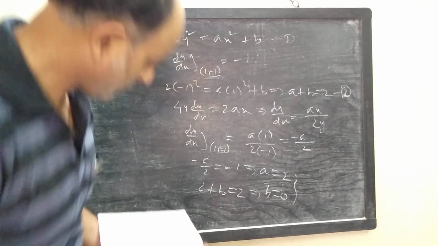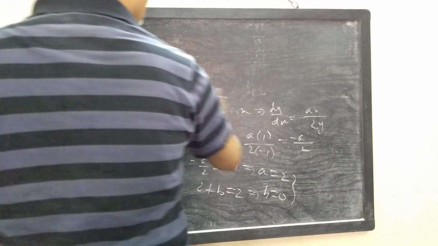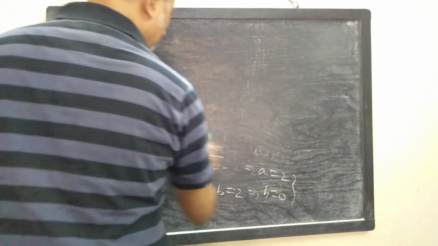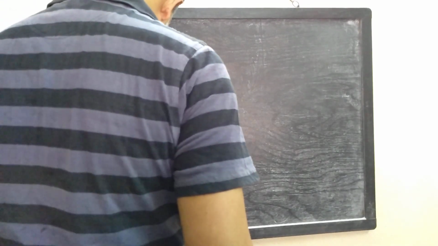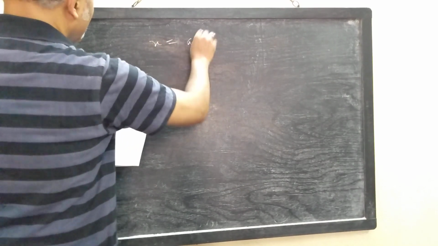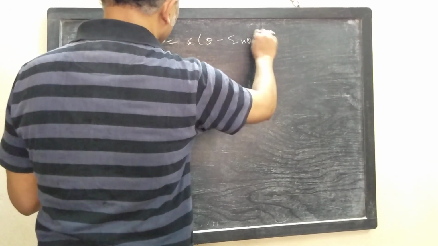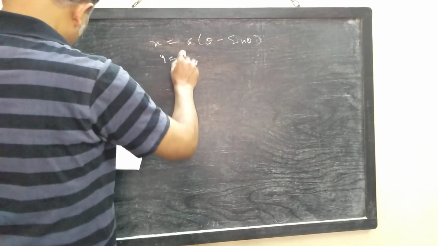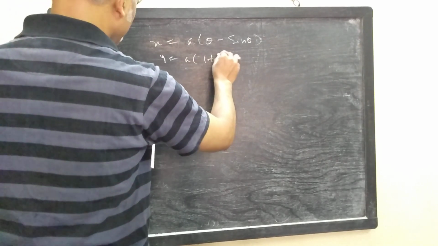Next, let us move to the problem where the curve is given in its parametric form. Suppose a curve in its parametric form is in this way: x equals a into (theta minus sin theta) and y equals a into (1 plus cos theta).